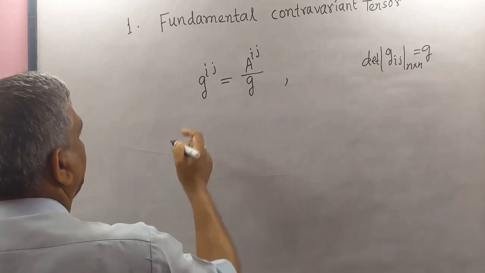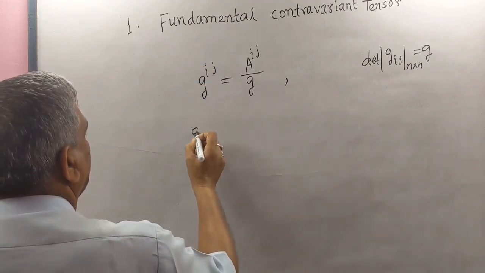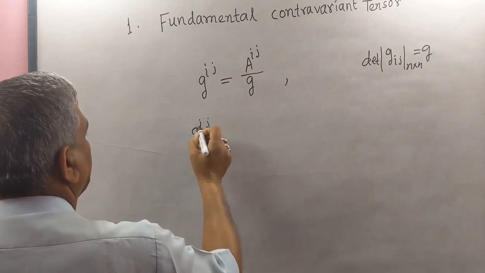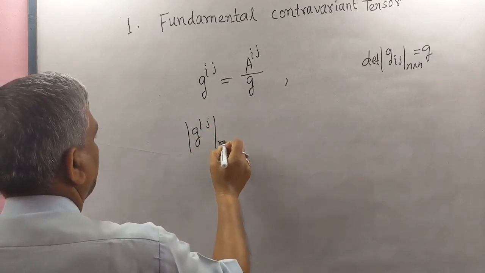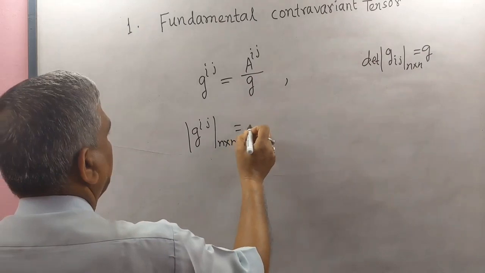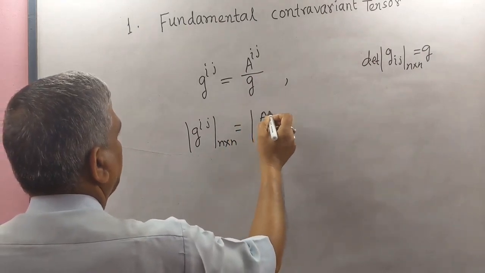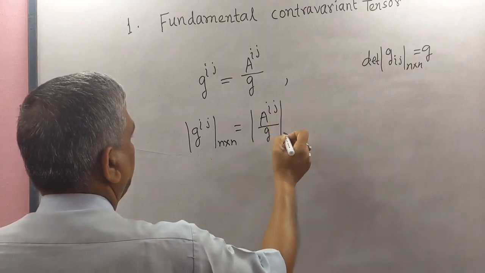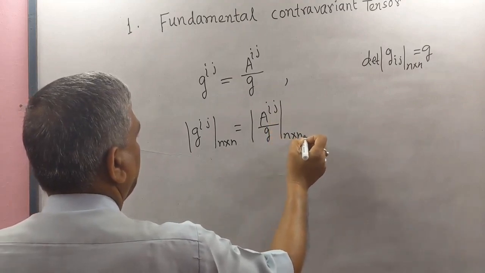Now determinant of this Gij will be determinant of Aij by G, n by n.